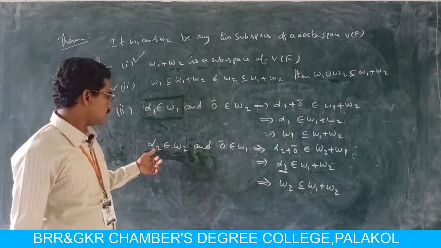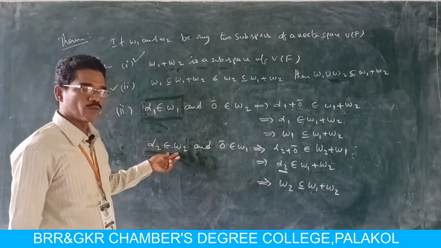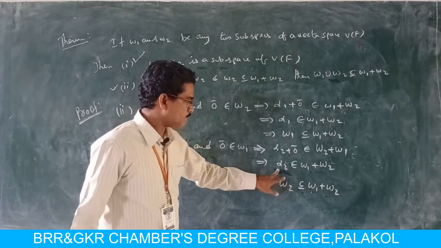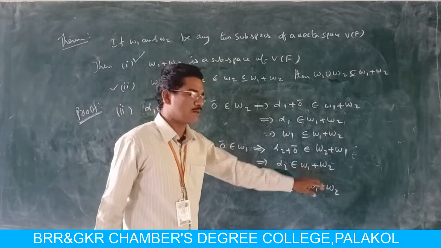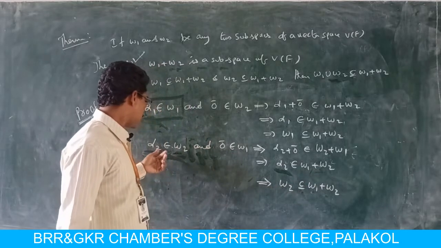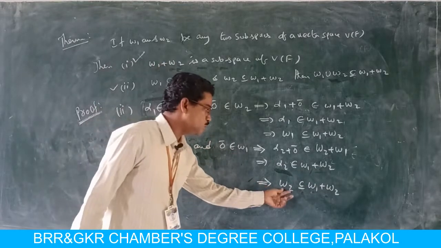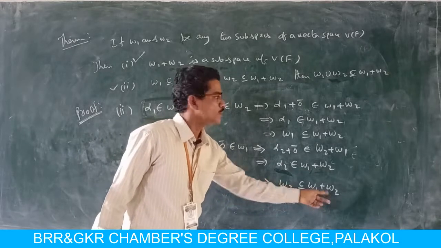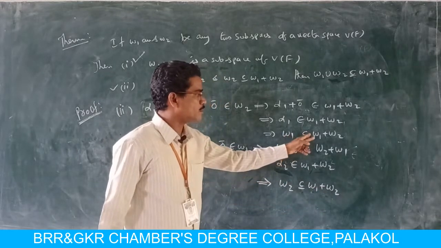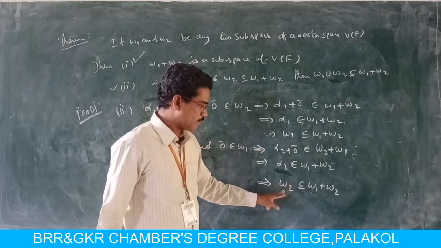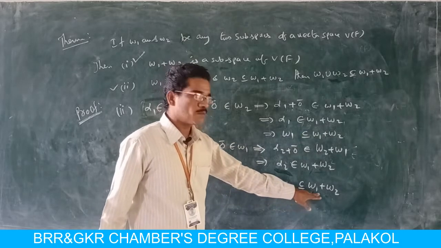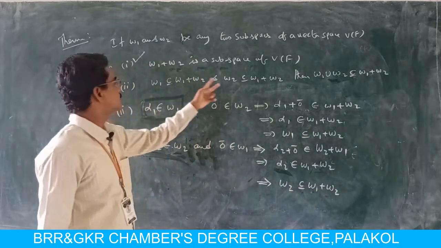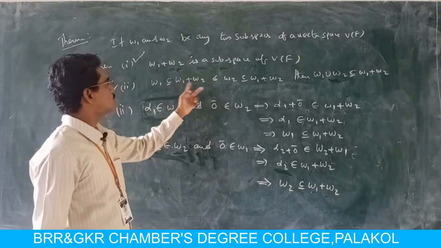Here alpha 2 belongs to W2, then W2 is a subset of W1 plus W2. Here W1 is a subset of W1 plus W2, and W2 is a subset of W1 plus W2. These are the conditions for the second case.